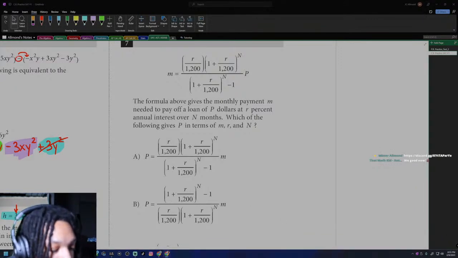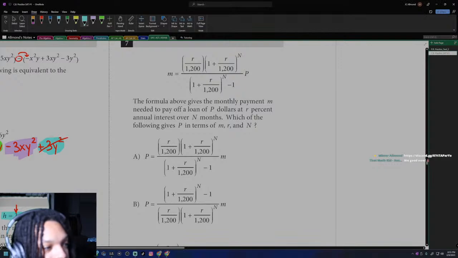All right. So the formula above gives a payment needed to pay off a loan. Which of the following gives P? Okay, again, they're saying a whole lot of nothing. They give you an equation. They're literally asking you which of the following is P. So just get P by itself.